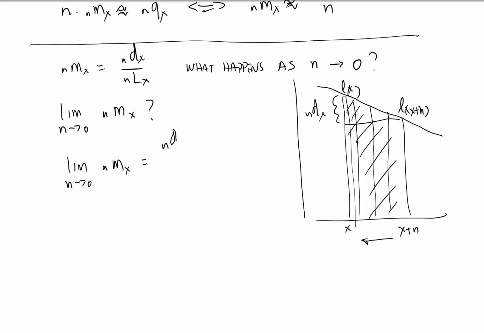That equals ndx divided by nlx. And what we said was that ndx is l of x minus l of x plus n. That's the numerator. And then the denominator we had, for most age groups, this is pretty linear, so it's n times the average of l of x and l of x plus n.